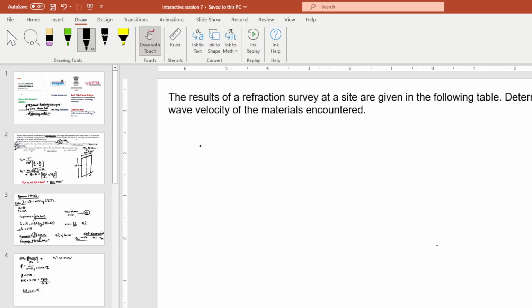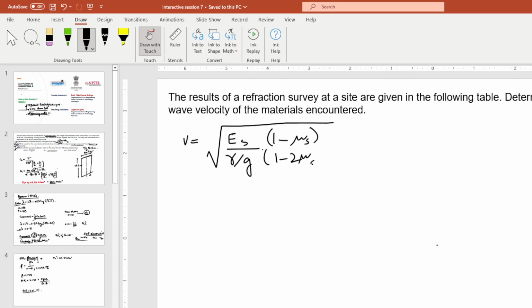And the velocity of P waves in a medium is given by V equals under root of Es (1 minus mu s) over gamma by g (1 minus 2 mu s)(1 plus mu s).